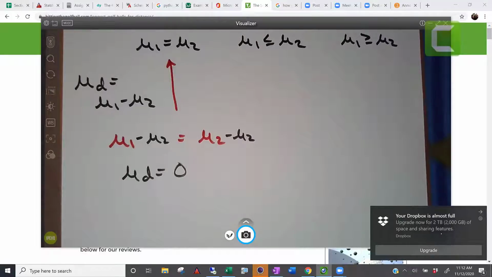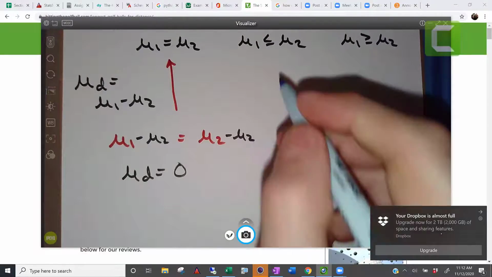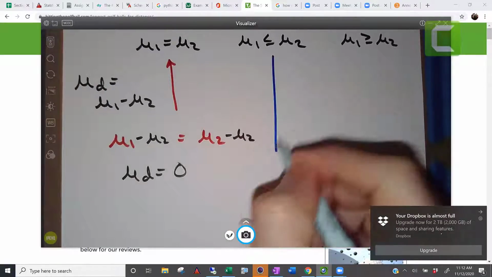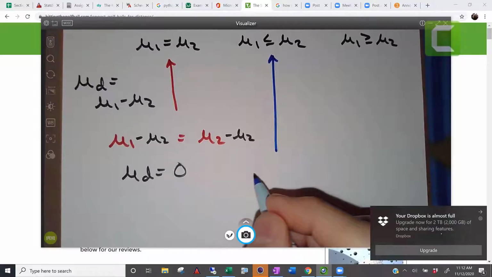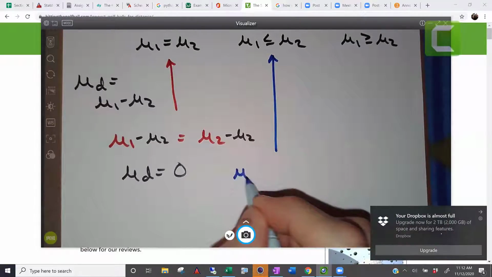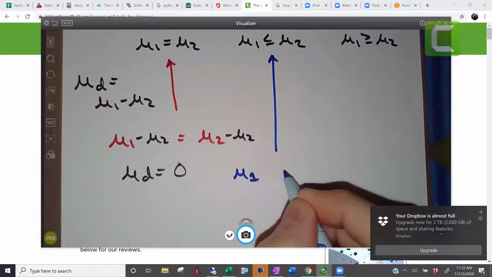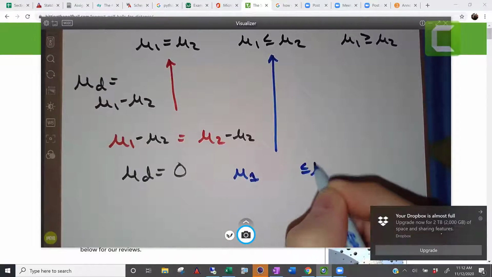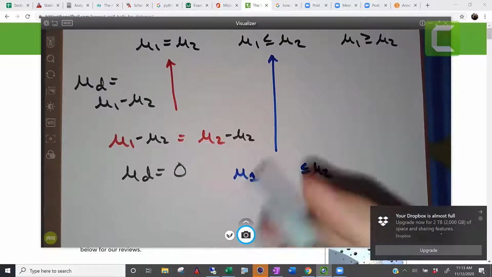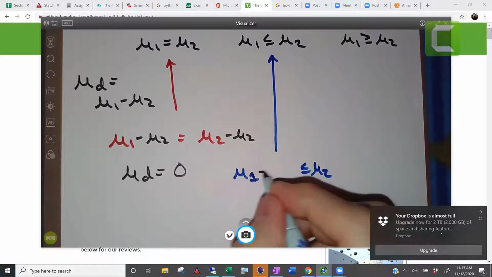Let's try some more here. Let's take a look at this next one. And again, I'm going to subtract mu2 from both sides. So mu1 and mu2. If I subtract mu2 from both sides, let's see what I get this time.